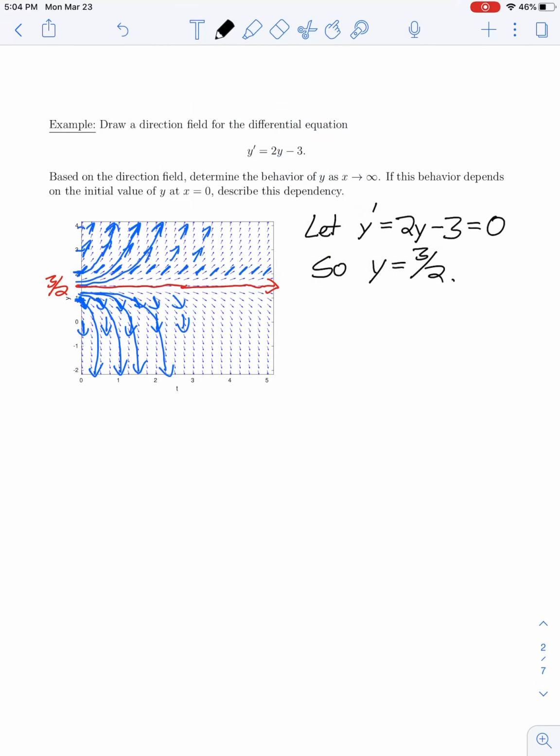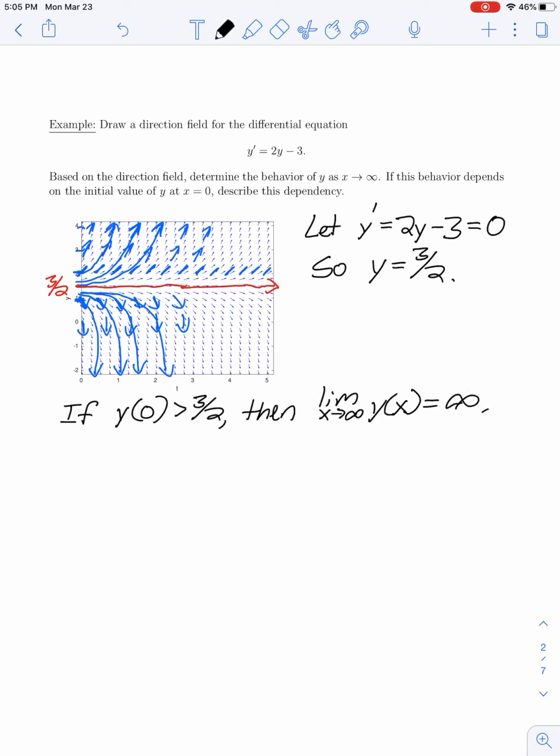So in order to describe this dependency on the initial value, let's again make some if-then statements. So here, I'll start by saying if the value of y when x is equal to 0 is anything greater than 3/2, then it appears that the limiting value of our solutions would be infinity.